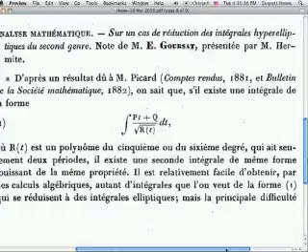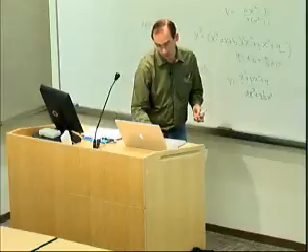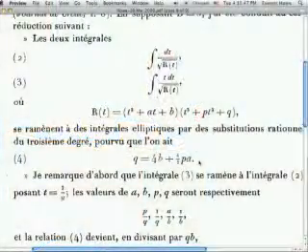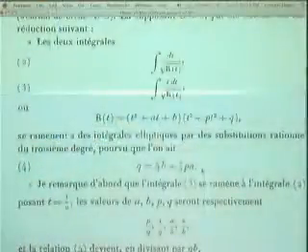So here's an announcement of it, at least, from Comptes Rendus in 1885. Again, they're always talking about integrals. But you get this polynomial.